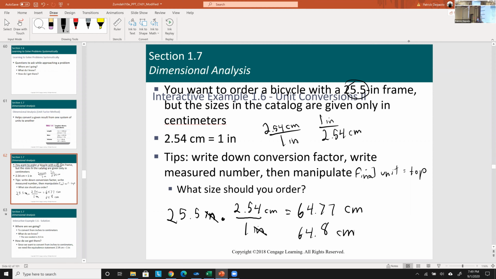The reason we don't use the 1 in the inches is because this is an equality. So the 2.54 centimeters equals 1 inch is an equality. And equalities, by definition, don't have sig figs at all. It's not 2.5400, it's just 2.54.